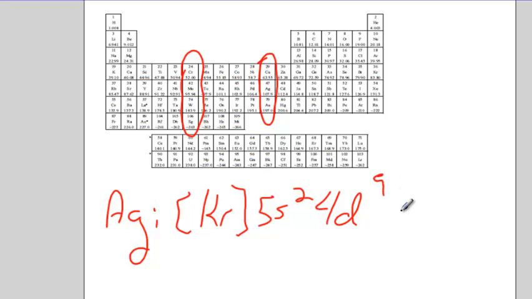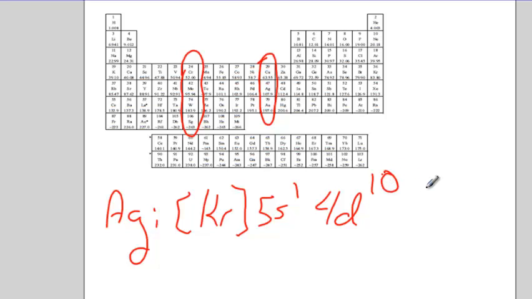But again, s's and d's are very close together, and a d9 is so close to being filled. So instead, it will promote one from here and pop it into here, and you're going to end up with 5s1 4d10.